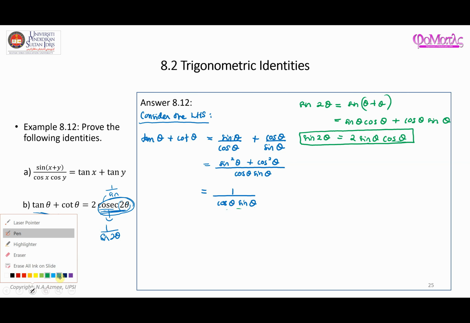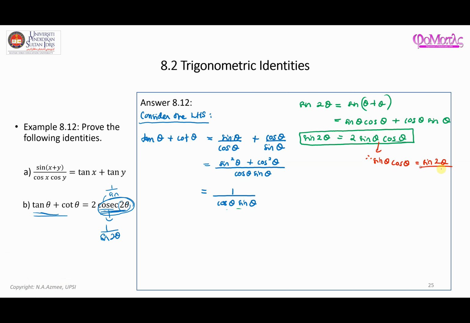I hope you can see that sine theta cos theta is going to equal sine 2 theta over 2. This result can be substituted into here.